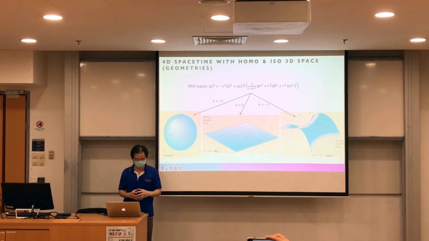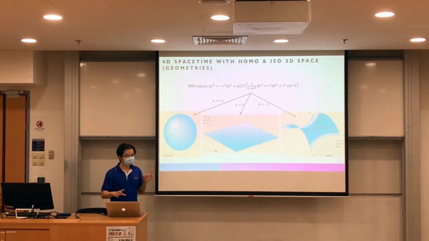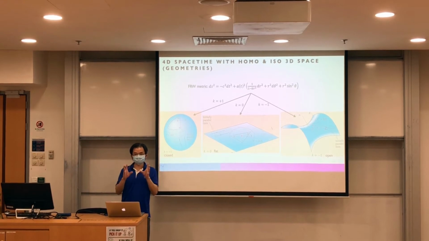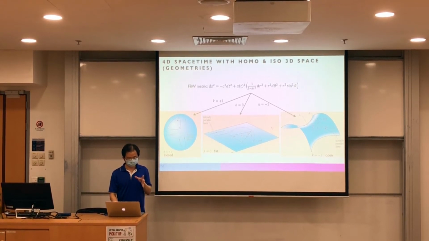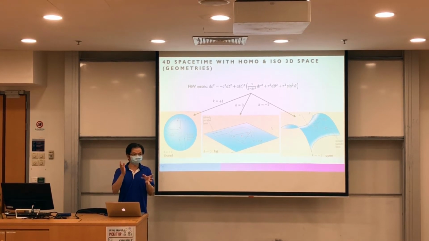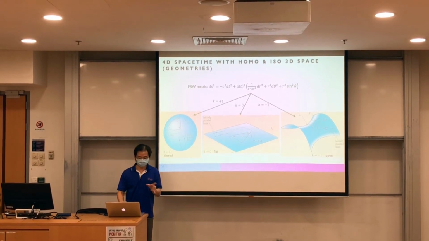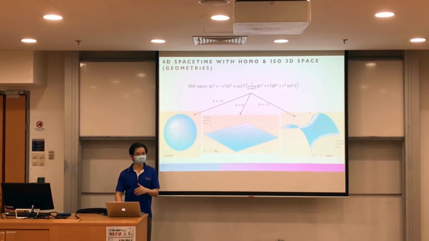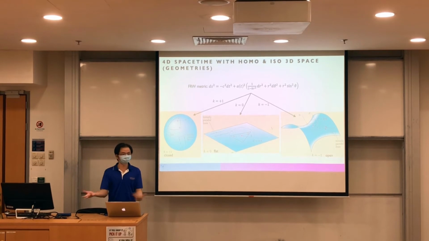Closed geometry means it is like the surface of a sphere. What I'm saying is that in this geometry there is no inside and outside to count, only the points on the surface. That means if you live in this geometry, let's say you're on Earth.